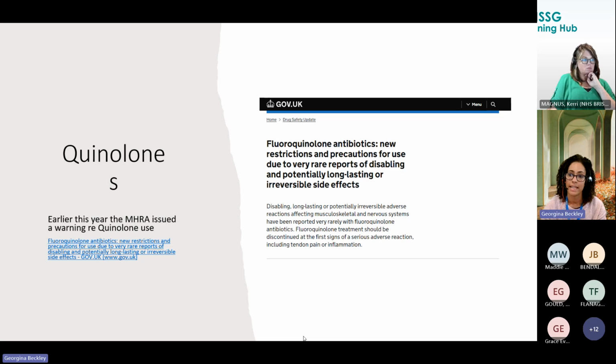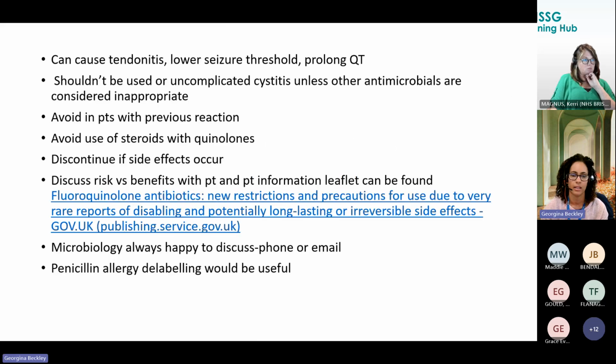Just a mini update on quinolones as well, whilst we're talking about the MHRA. As I'm sure the prescribers are aware, there's been a recent update or alert on quinolone prescribing. The primary care guidelines have been reviewed to make sure that the indications for quinolone prescribing still stand. Essentially, as a summary, quinolones can rarely cause quite disabling tendinitis.